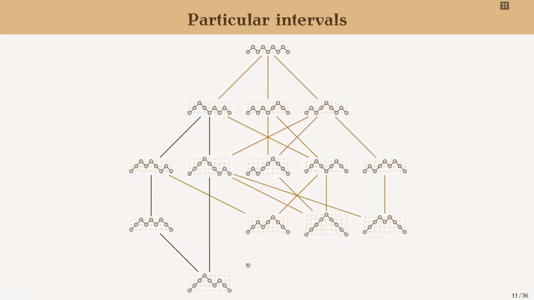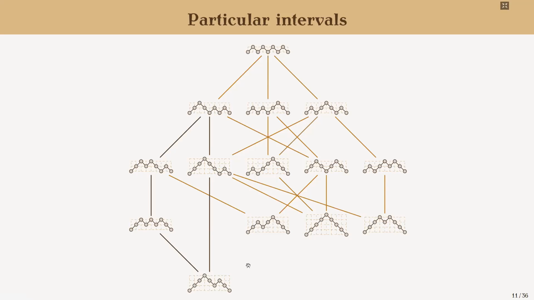Okay, we have defined this particular interval, the Hochschild poset, which is the one skeleton of the freehedron.